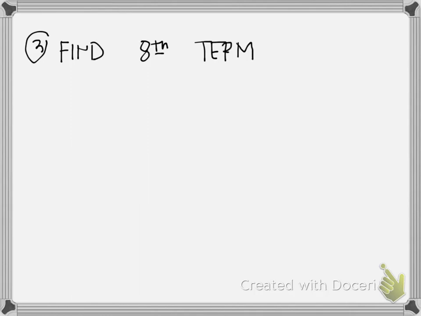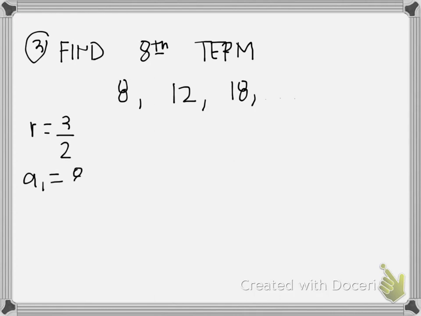All right, let's find the 8th term in 8, 12, 18. So 18 divided by 12 gives you an R of 3/2. And your A1 is 8.